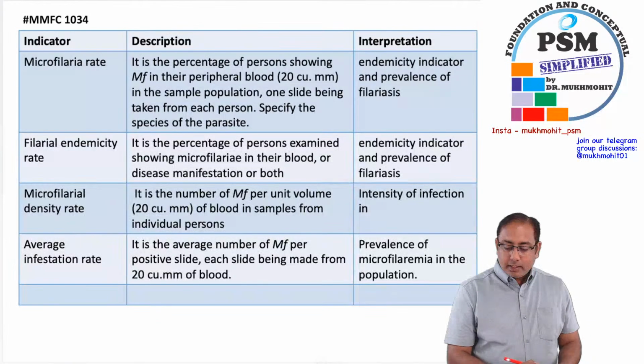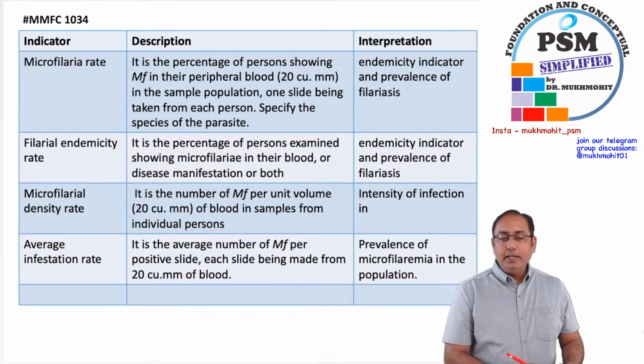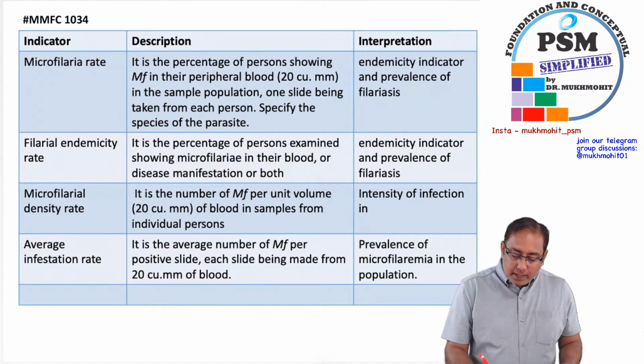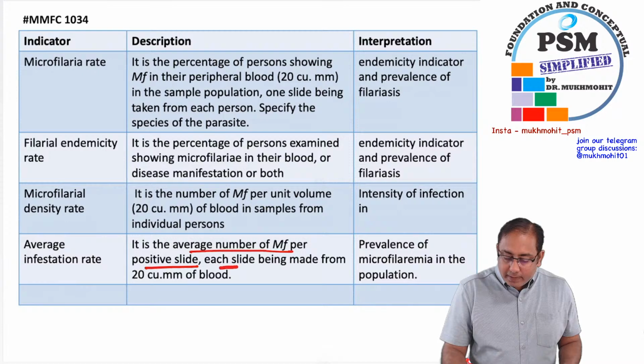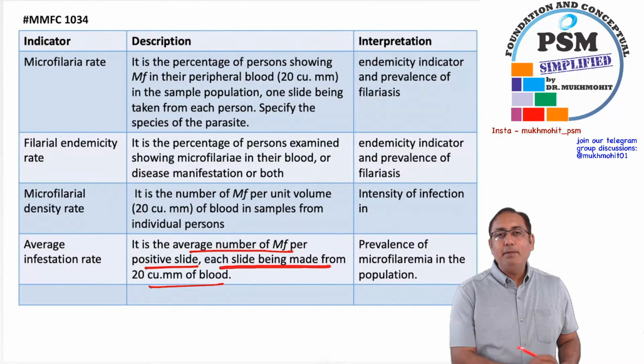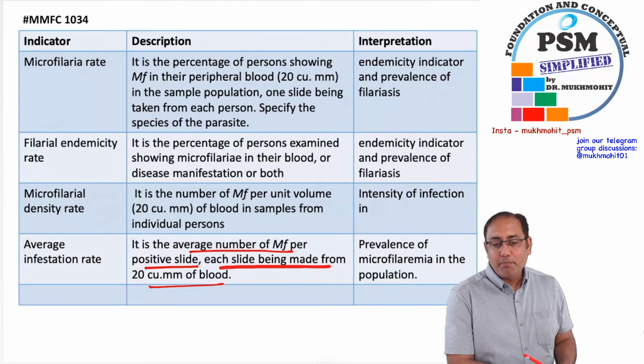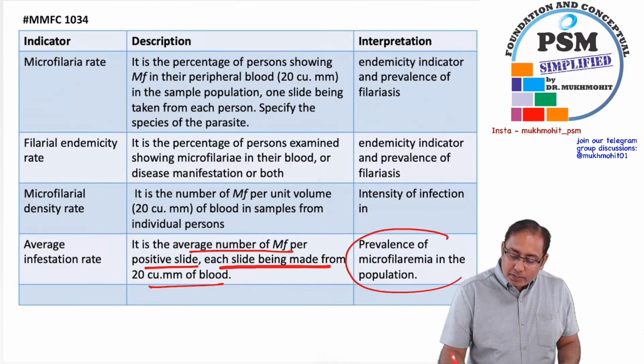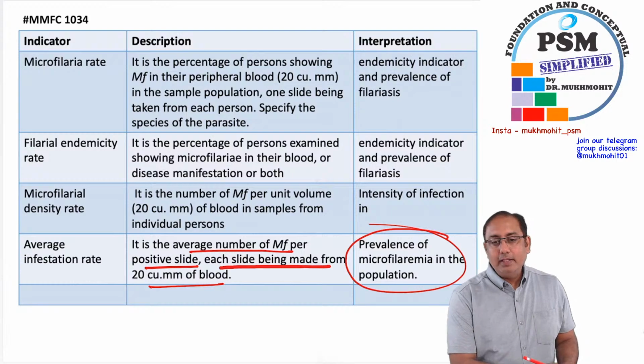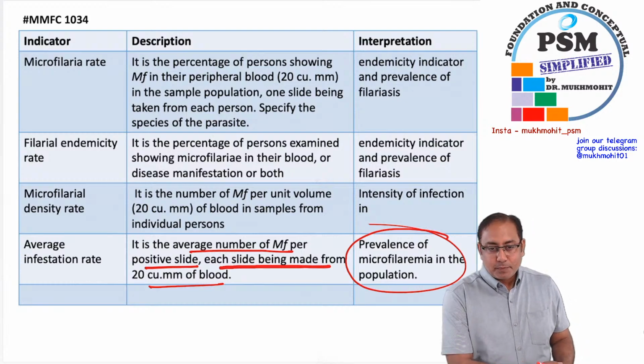So please note that the prevalence of microfilariasis in the population is given by how much average number of microfilaria per positive slide, each slide from 20 cubic millimeters of blood. This is average infestation rate.